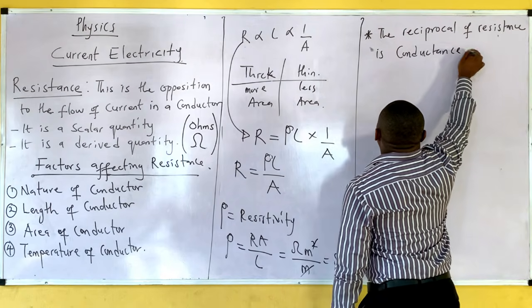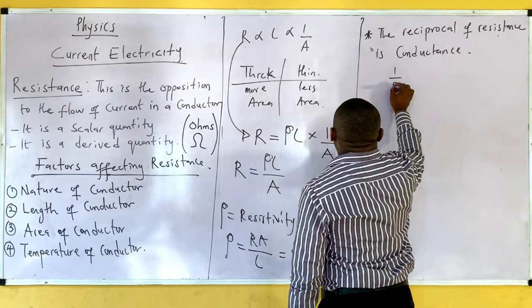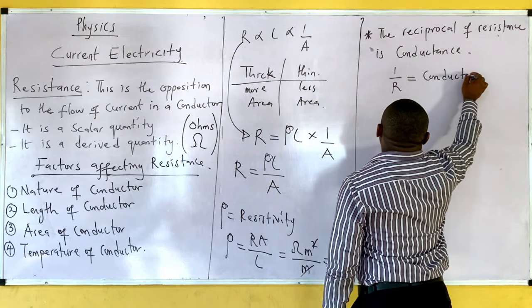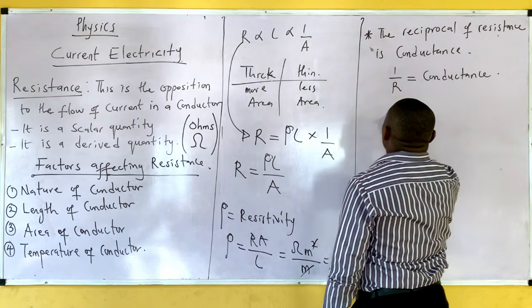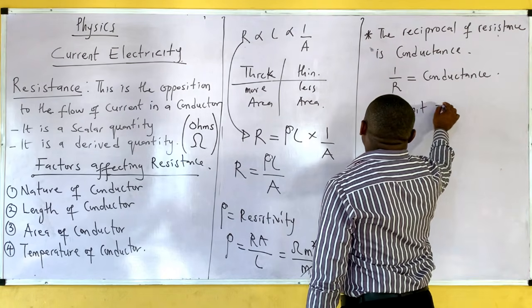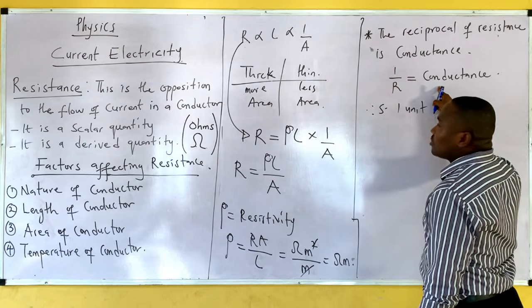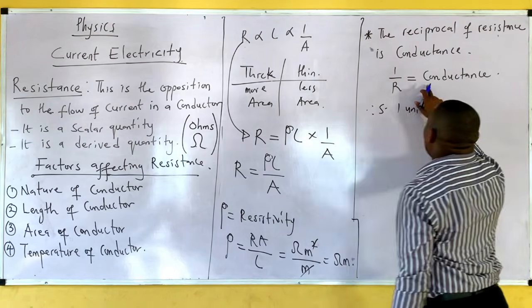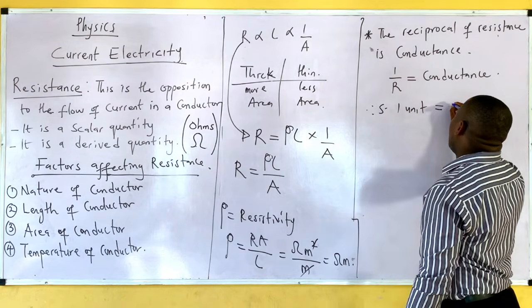Take note of this. So it means 1 over R equals conductance. The reciprocal of resistance is conductance. Therefore, the SI unit for conductance is the inverse of the SI unit for resistance. Remember, the SI unit for resistance is ohms. So the SI unit for conductance will now be per ohm.